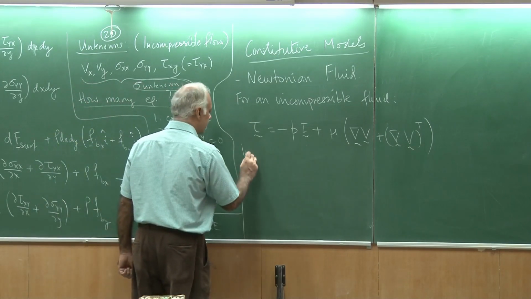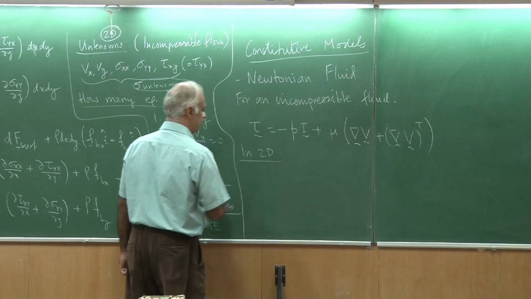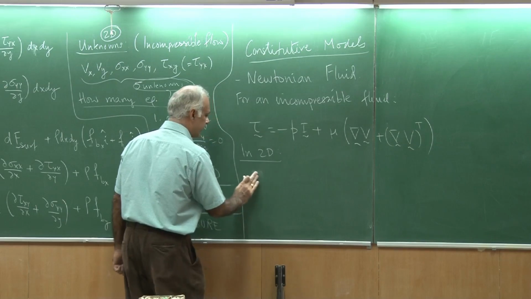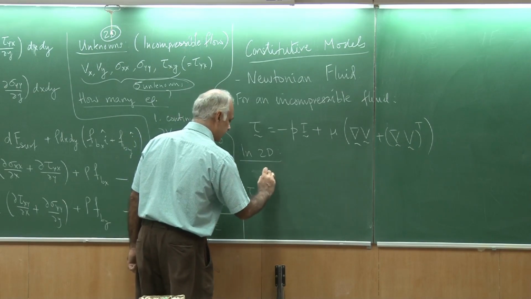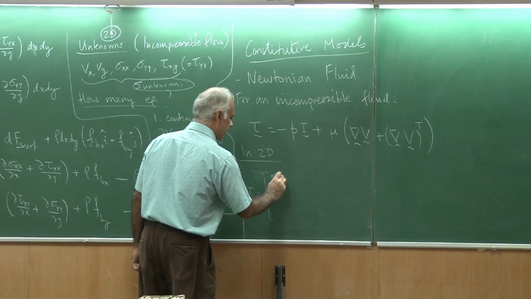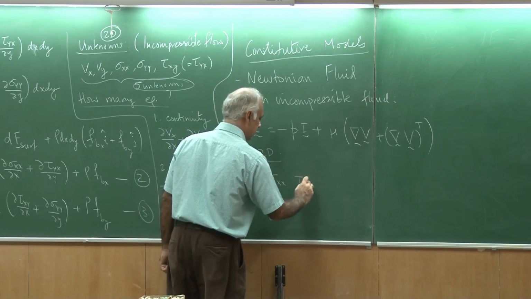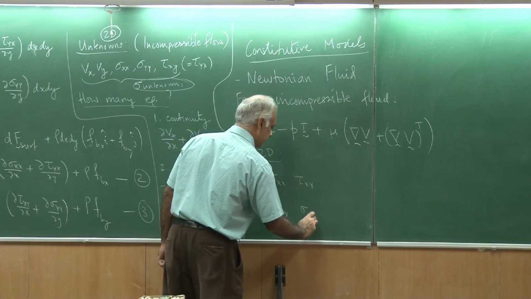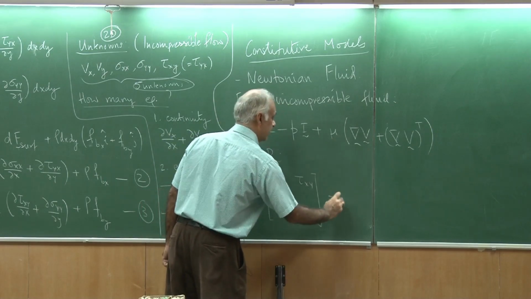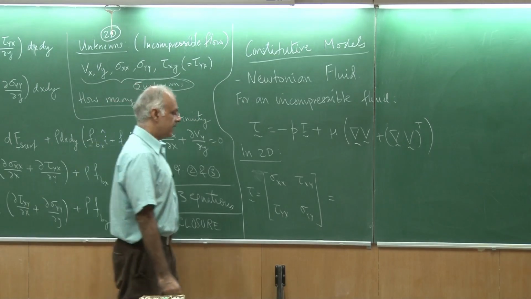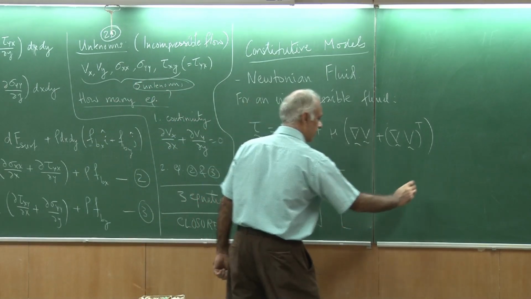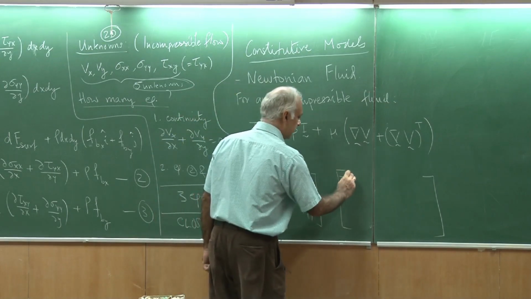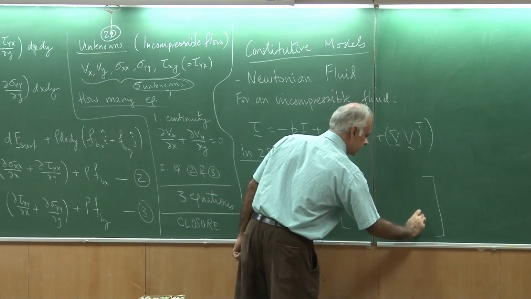So, if you look at it in 2D, what we are saying is that if this is your matrix, the stress matrix is sigma xx, tau xy, tau yx, sigma yy, then this is given as the following. So, there is minus p at the diagonals.